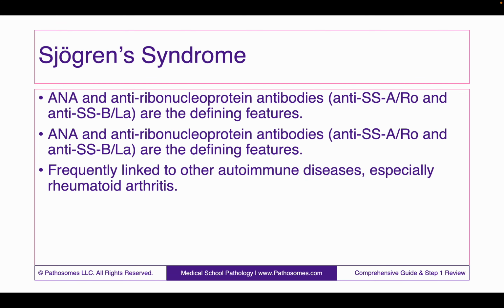I put it there twice so you know, so you do not confuse it with SLE. This is Sjögren's syndrome. For SLE, specifically, you want those anti-DNAs. For Sjögren's, you want the anti-Ro, anti-La, okay? I put it twice on purpose so that you know. And you do know. You'll never forget.